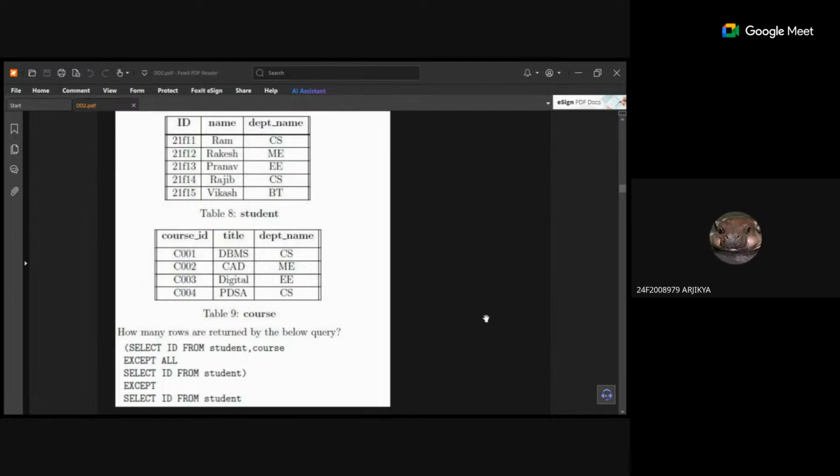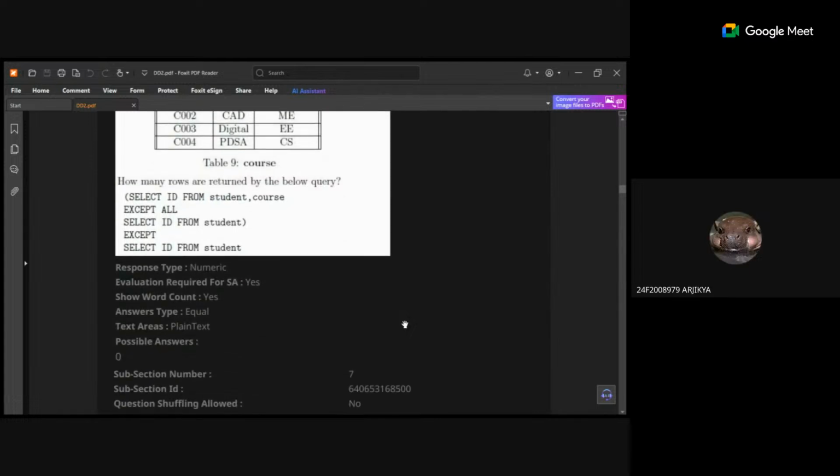Individual 15 will be there in the output, right? Then after EXCEPT, select ID from student, that is again 5, so all of it will be removed from the 15 instances. So the output will be 0, I guess. EXCEPT removes everything. I think I got it.